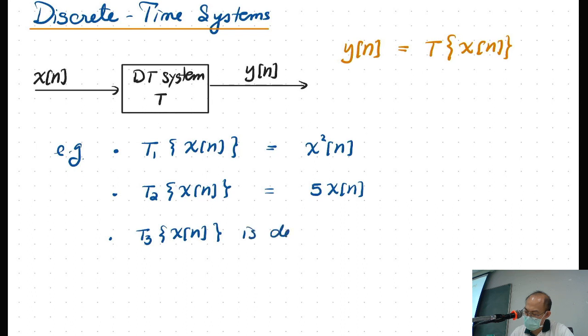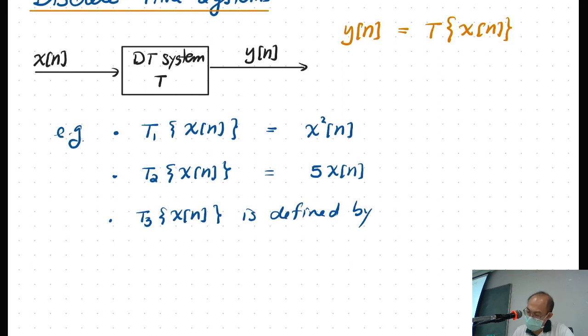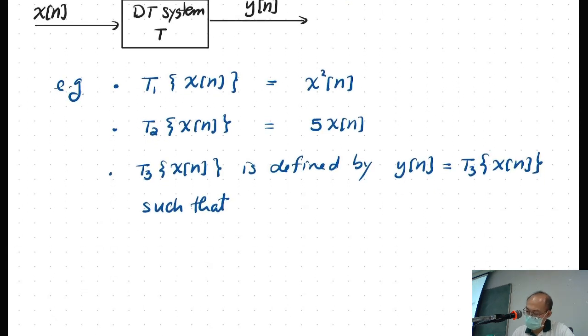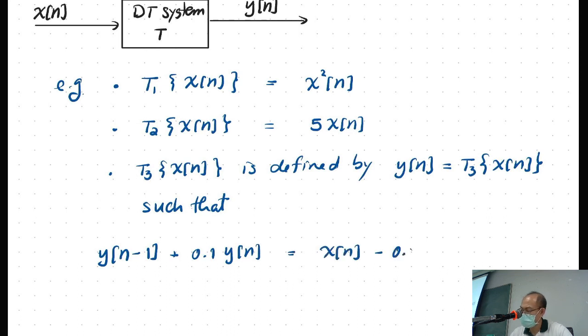Or T3 is defined by y[n] equal to T3 of x[n] such that y[n] minus 1 plus 0.1 y[n] is equal to x[n] minus 0.2 x[n] minus 1.